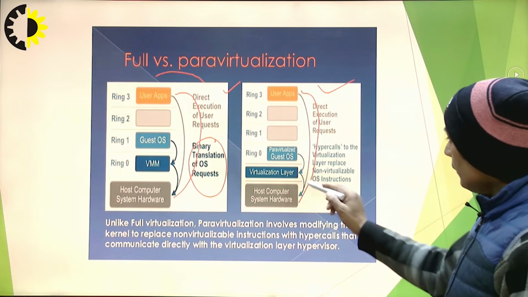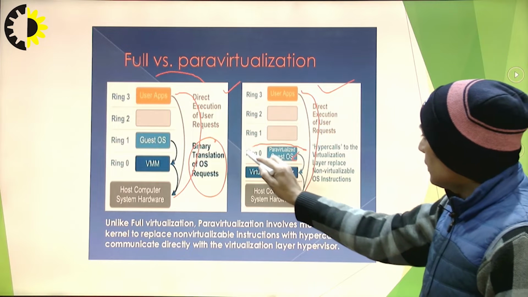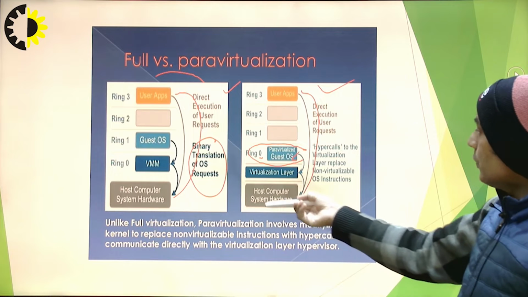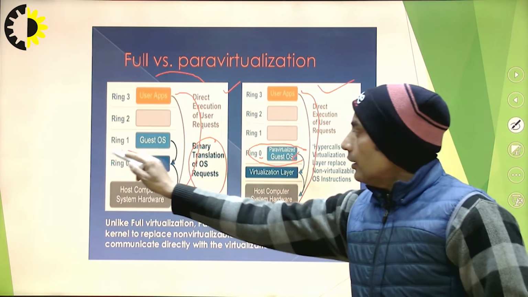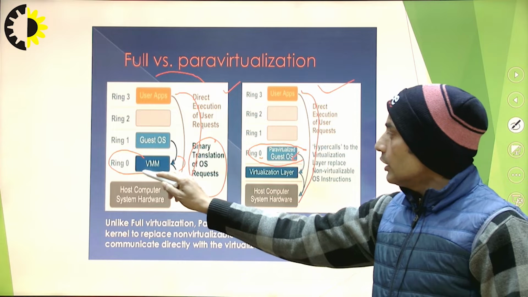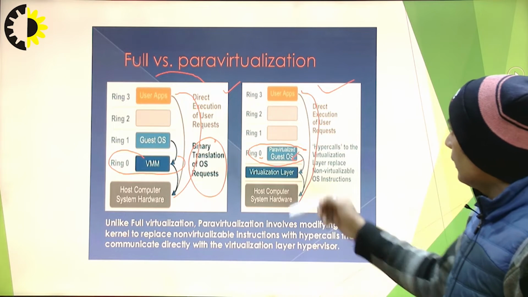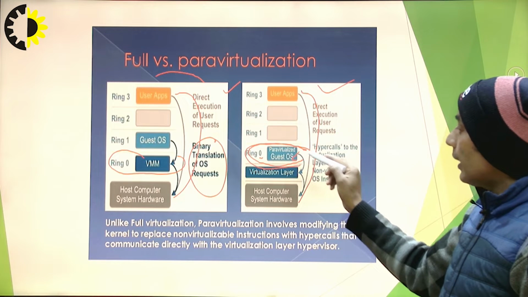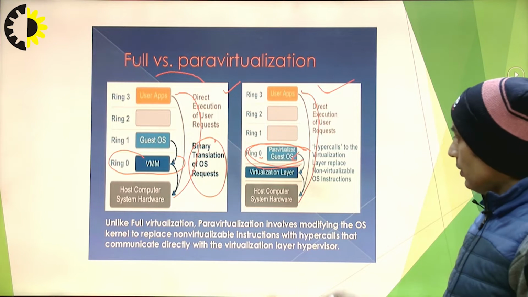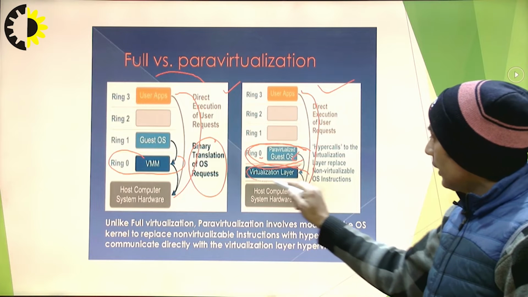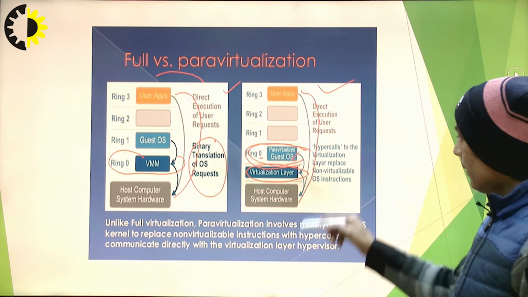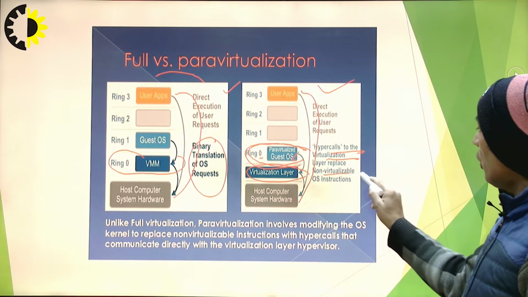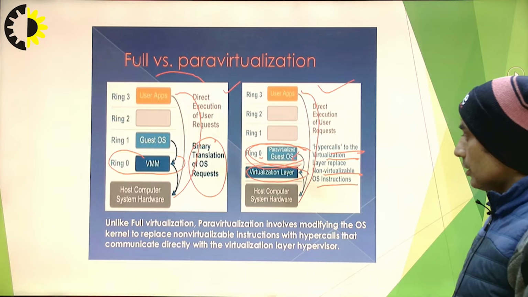So this is the para virtualized guest operating system kept at ring 0. You can see the difference here: in full virtualization, ring 0 contains the VMM, but in para virtualization, ring 0 contains the para virtualized guest operating system, and the virtualization layer is kept in root mode. So this hypercall to the virtualization layer replaces non-virtualized OS instructions.